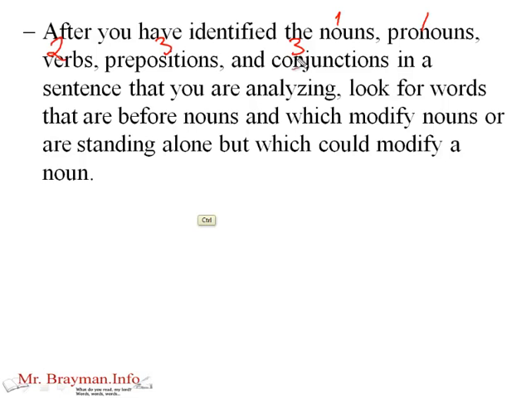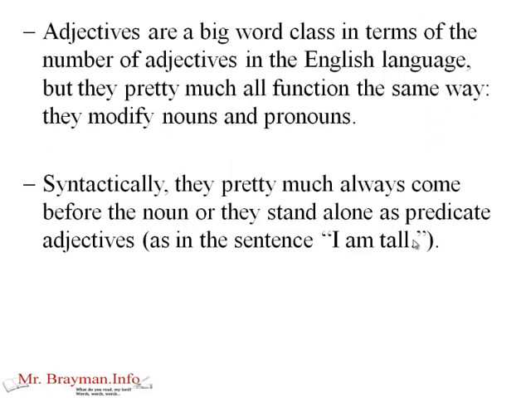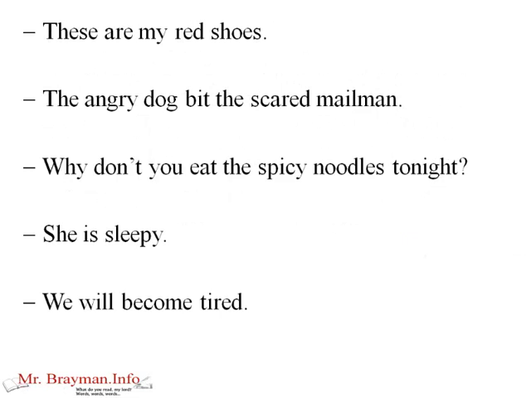So when you break down a sentence, and again, we're learning how to break down sentences, because that makes us better readers, and that also makes us better writers. You can't use a lot of the punctuation in the English language unless you know grammar, like part of speech and sentence structure.